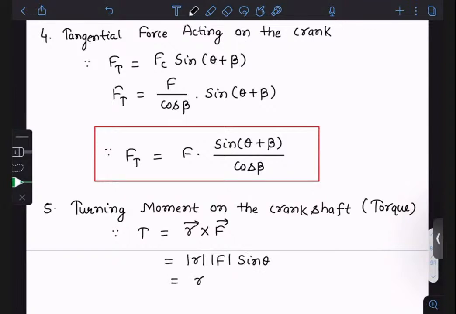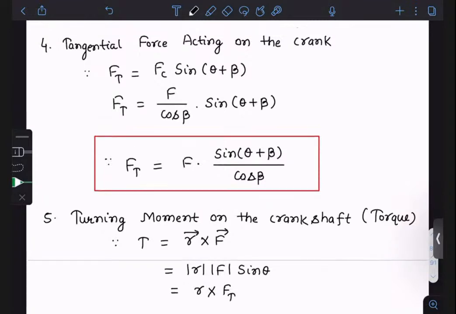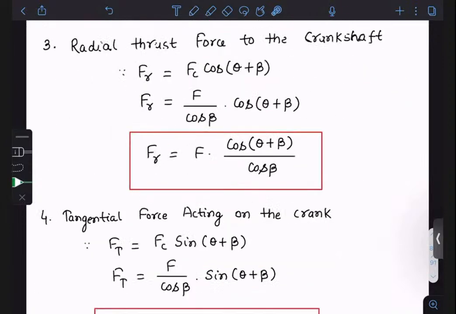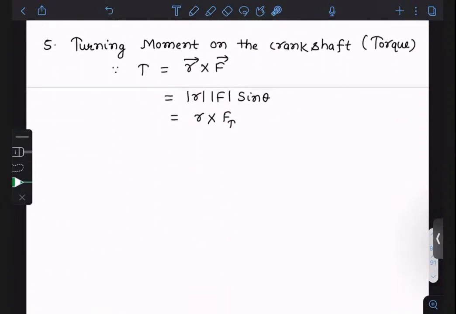So here R and F is your tangential force. You can see this is the radius. This is your tangent, and this is your radius R. Angle is 90 degree. Therefore, sine 90, so torque is equal to R into Ft.